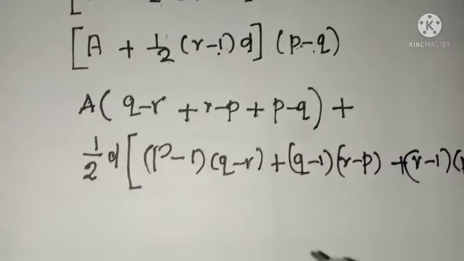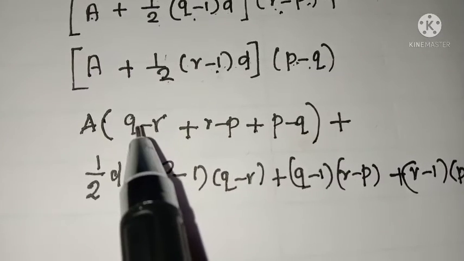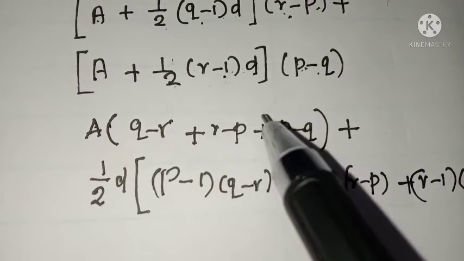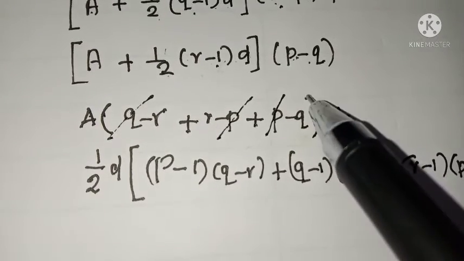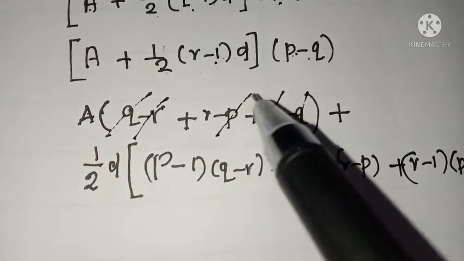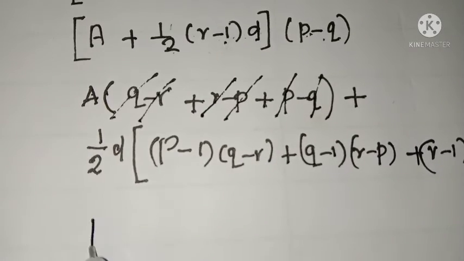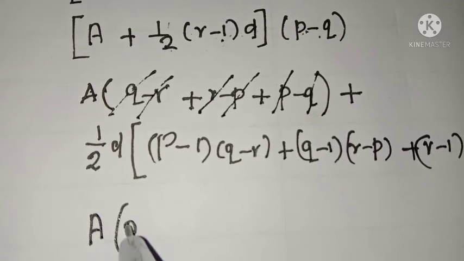Now open the bracket. Look at the first expression. In this bracketed expression we can cancel minus p and plus p, plus q and minus q, minus r and plus r. So this becomes a into 0.